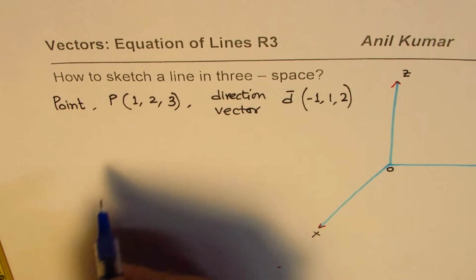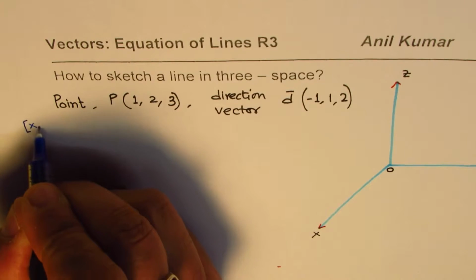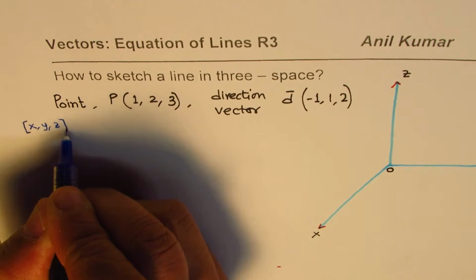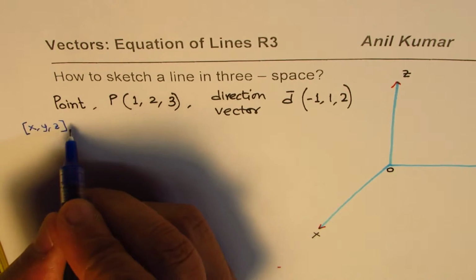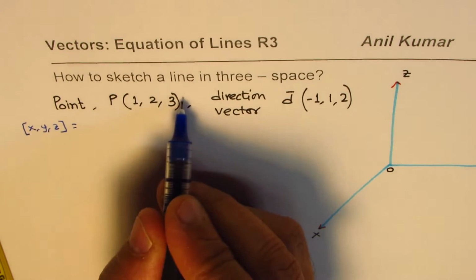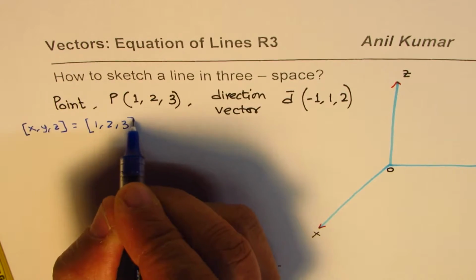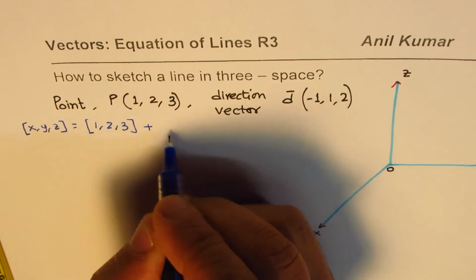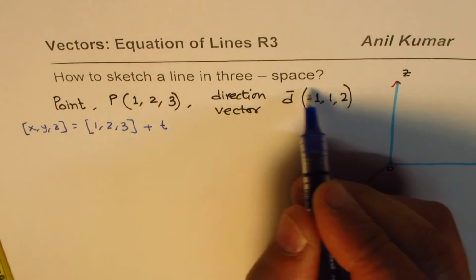Simple. Equation of the line will be written as, so we are looking for X, Y, and Z coordinates, right? Every point on the line has a coordinate point, and that is linked with the first point which we have taken, 1, 2, 3, plus parameter T, right? Set of points in this direction, right?